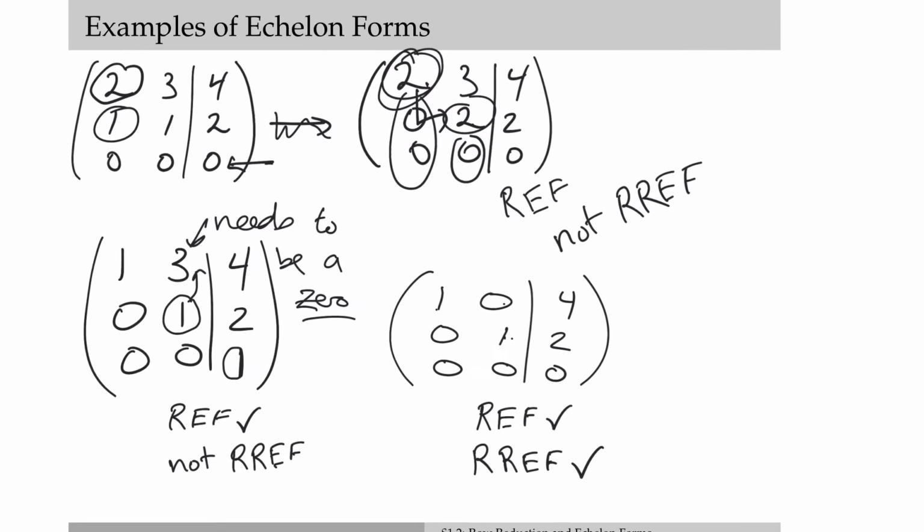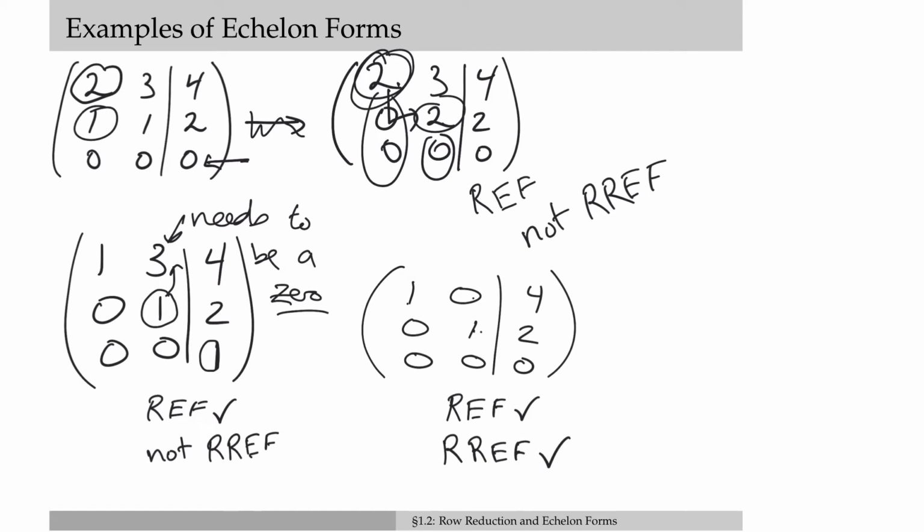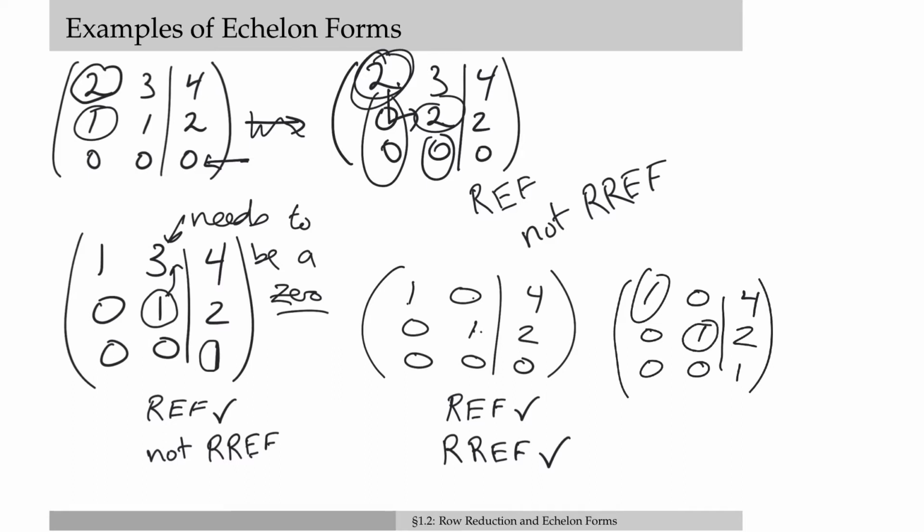All right, let me turn this on its head ever so slightly. 1, 0, 4, 0, 1, 2, 0, 0, 1. Is that reduced row echelon form? Well, let's go through the checklist. Leading entries, first non-zero entry in each row. Do they stair step down? Yeah.